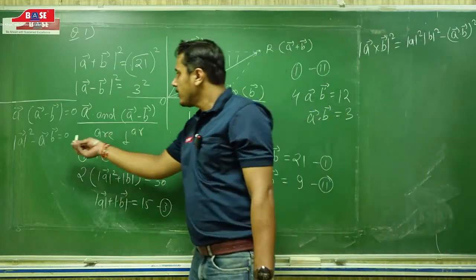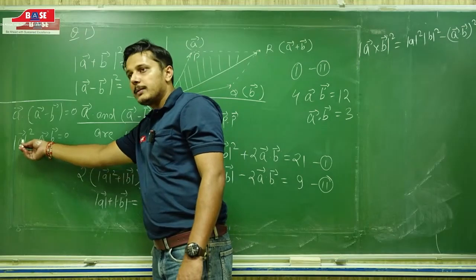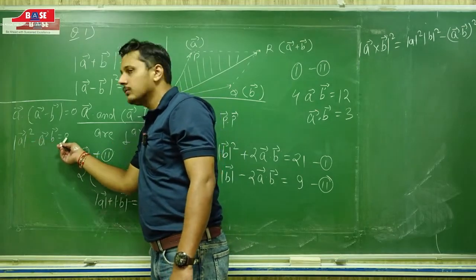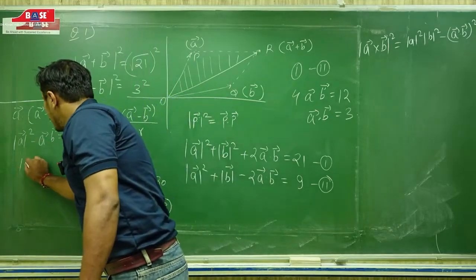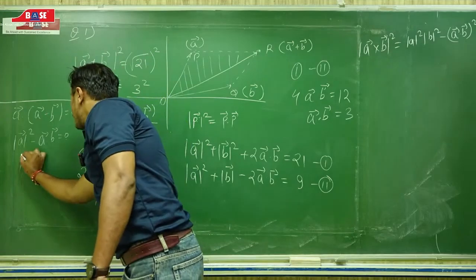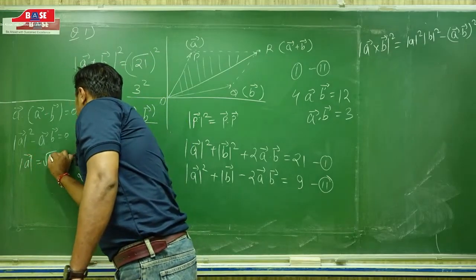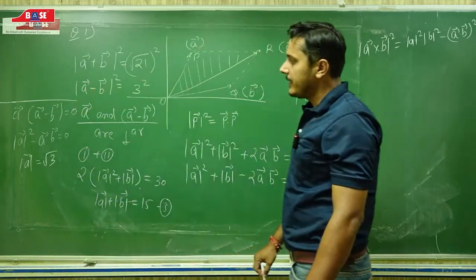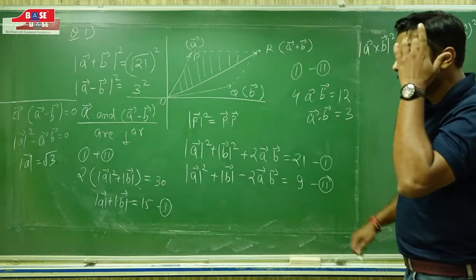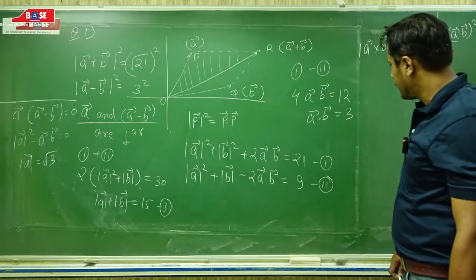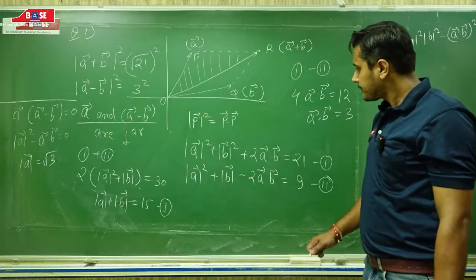So when I substitute a dot b over here, this will become mod of a square is equal to 3. So from here we get mod a is equal to root 3. Not minus 3 because mod is a magnitude. Magnitude is a positive quantity, magnitude of any vector.